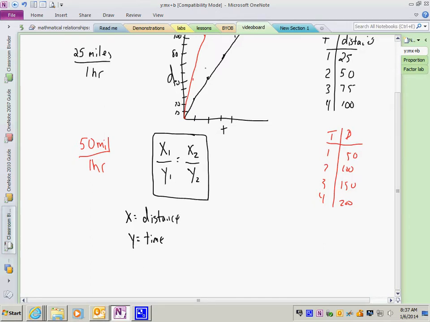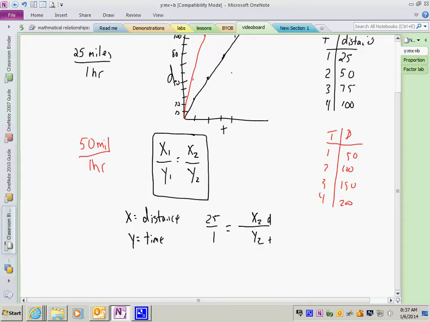Any point along this slope is going to be the same relationship mathematically. So we're going to go, let's just say 25 over 1 equals, all right, and then I have x2 over y2. This would be your distance, this would be your time, and again, all I need to do is plug in a certain time or a certain distance, and I'd find the correlating relationship here.